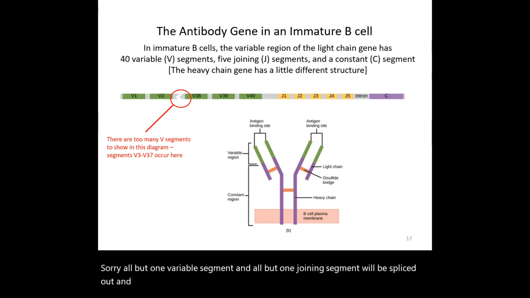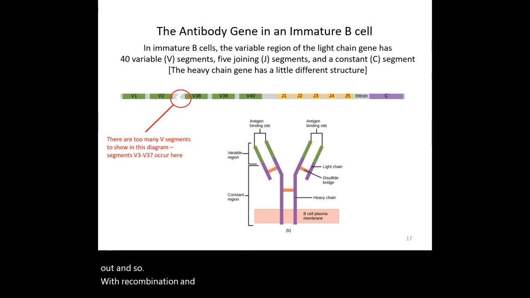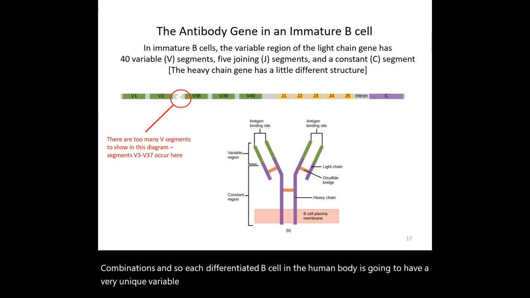And so with recombination and splicing, there's over 1 million possible variable and joining combinations. And so each differentiated B cell in the human body is going to have a very unique variable chain. Whereas that constant region is pretty constant, is going to be the same for all classes of antibodies.